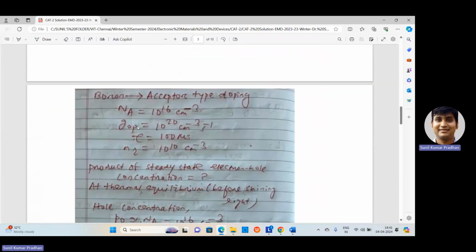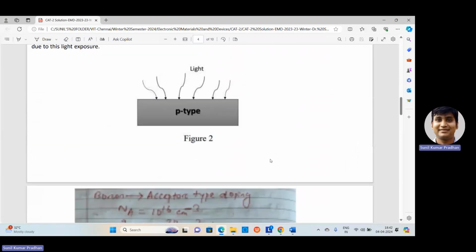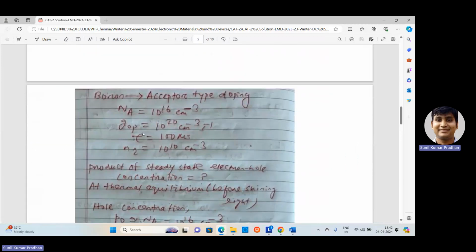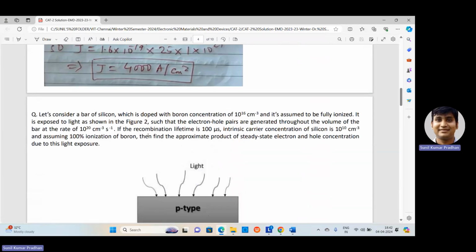So let's say I denote it with the terminology GOP, which is the electron hole pairs generated throughout the volume. GOP is equal to 10 to the power 20 centimeter to the power minus 3 second inverse. Then, what is the recombination lifetime? It is written, recombination lifetime is 100 microsecond.